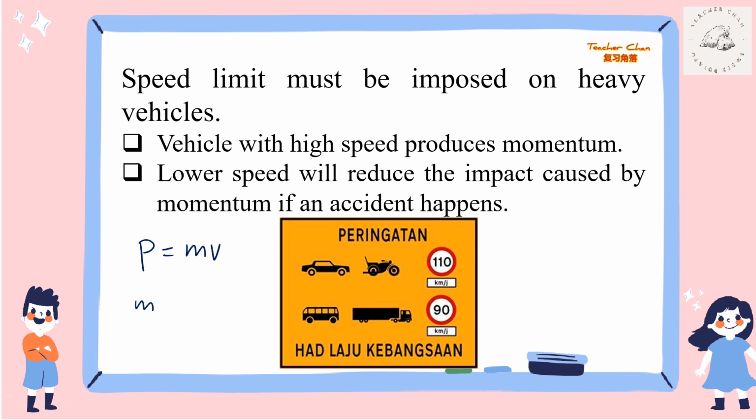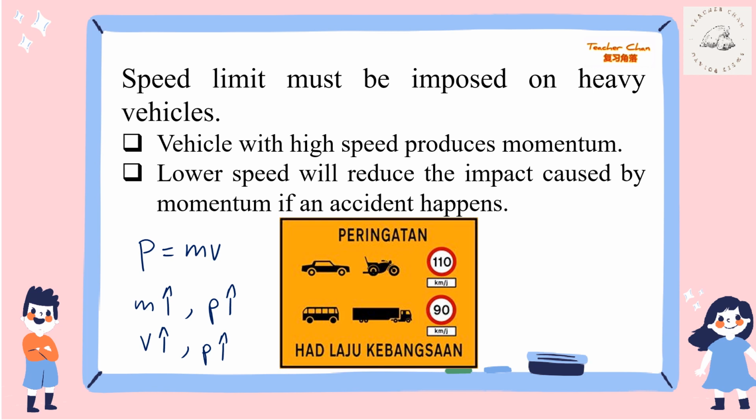When the mass of the lorry increases, it will produce a higher momentum. If the velocity of the lorry also increases, it will also produce a higher momentum. And higher momentum normally will create a bigger impact when an accident occurs.